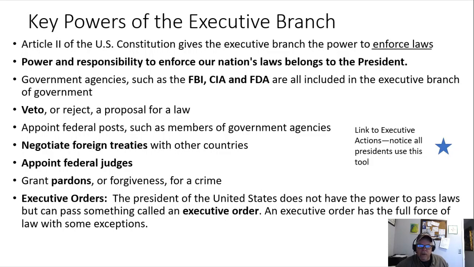Full force of law, yes and no. There are some exceptions. Sometimes it's more of a policy statement that this is how we're going to do things. One of the first ones I remember President Obama put forth was transparency in government, you could call it. And Biden's done the same thing, and it's actually visible in action.